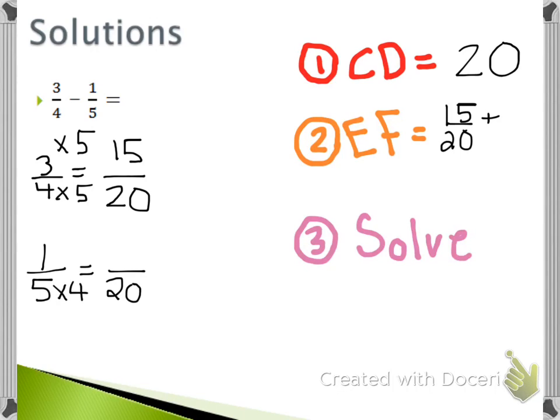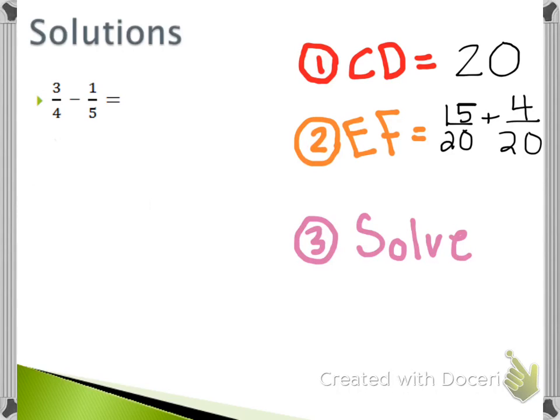And if I multiply the 5 by 4 to get 20, then I also need to multiply the 1 on the top, or the numerator, by 4 as well. And so 1 times 4 is going to give me 4. And I have found my other equivalent fraction. So now I'm set up. I have the common denominator, I rewrote my two fractions as equivalent fractions using the common denominator, and now I'm ready for step 3, which is to solve.